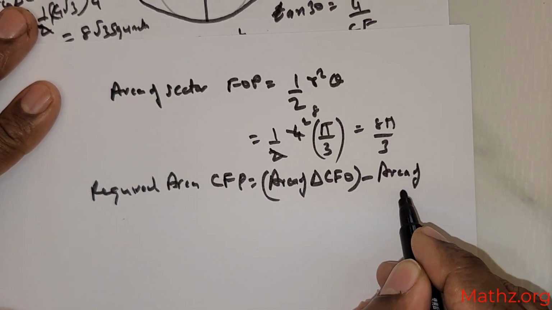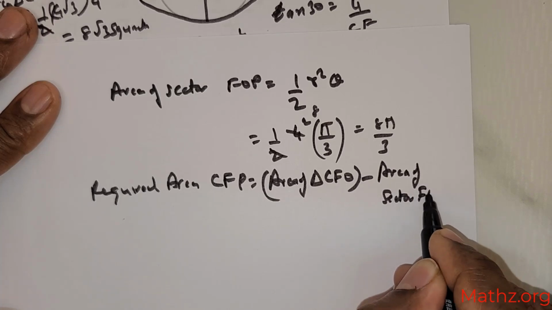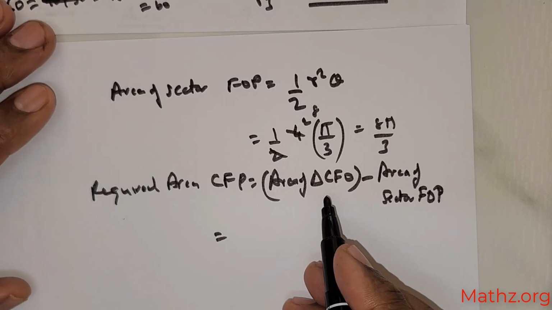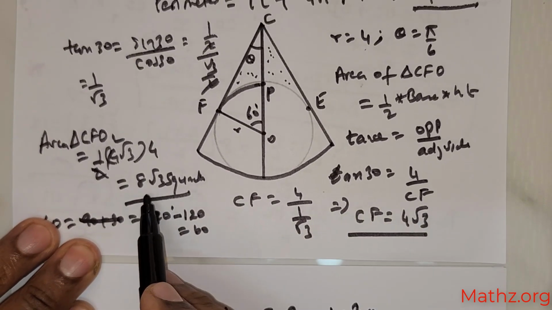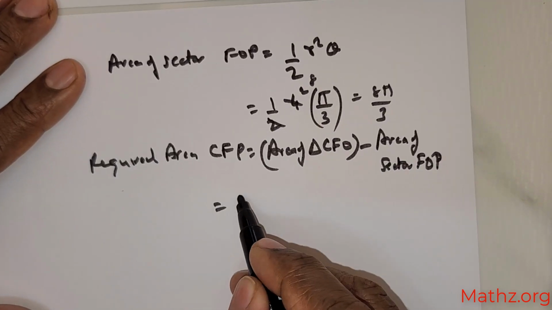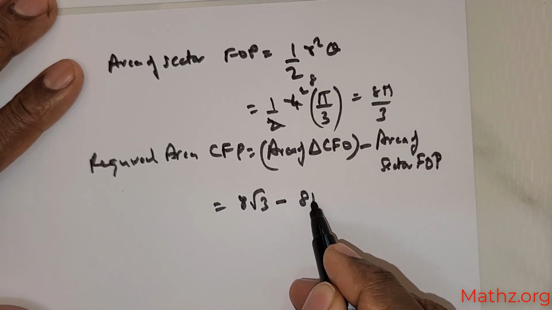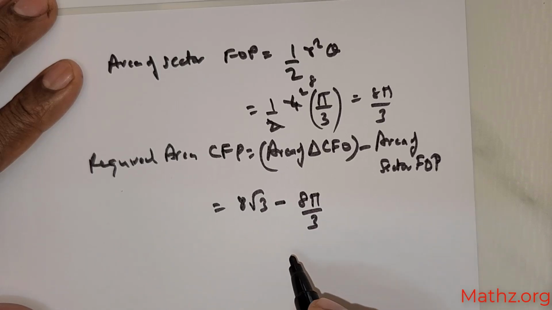Area of sector FOP, so this is already got. So this value is 8 times root 3. 8 times root 3 minus this value is 8 pi over 3.